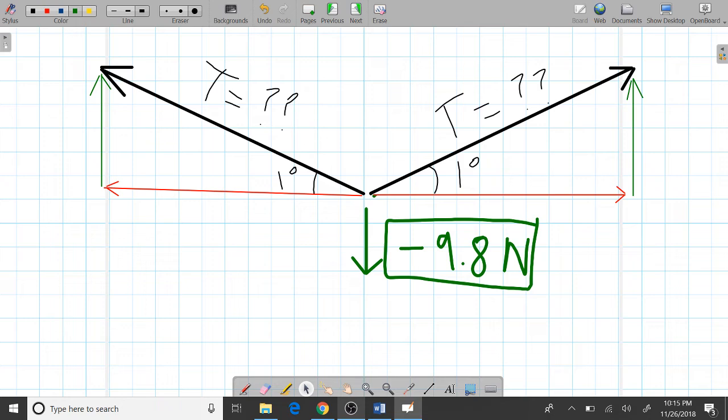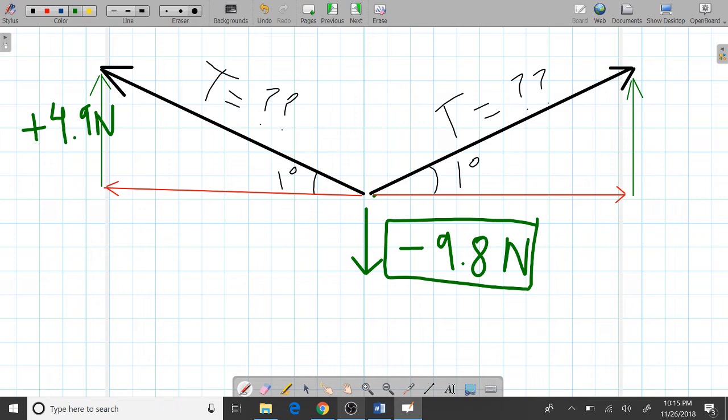Now, guys, think about this logically here. If this is static equilibrium, remember, whenever we're in static equilibrium, all of our forces acting in the y direction must add up to 0. So that means if this is negative 9.8 newtons, this force right here must be positive 4.9 newtons.